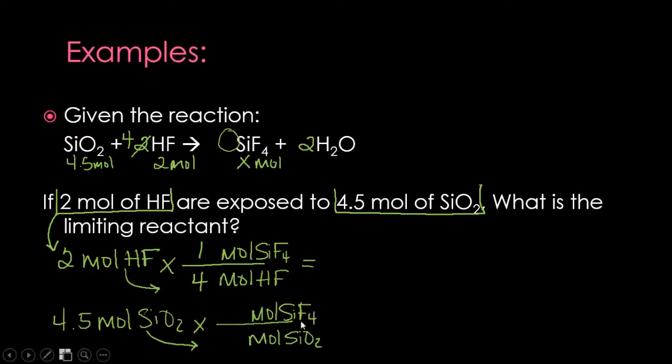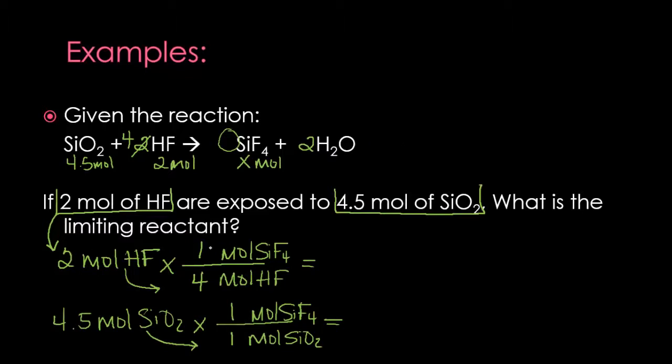Again, I must keep the two products the same that I'm changing to. These have to be the same in order to make this comparison. Plugging in again my coefficients, since it's a mole ratio, I have 1 SiO2 and 1 SiF4.